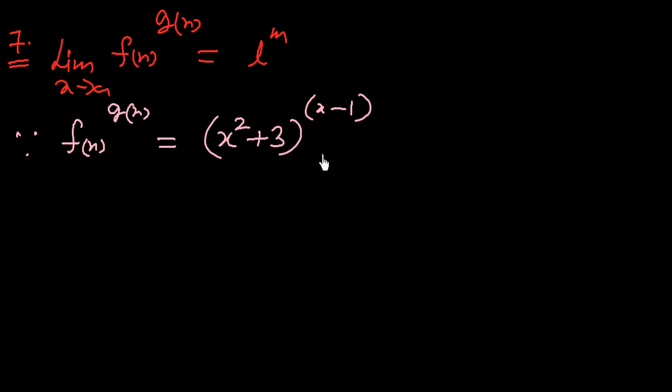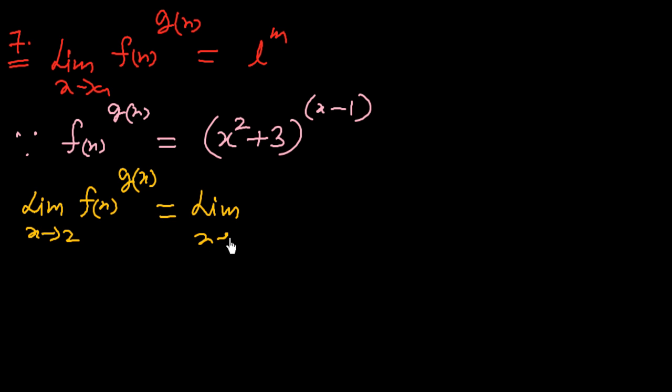This we have. Now we will find out limit for this. Limit x tends to 2 for f of x to the power g of x is equal to limit x tends to 2 for x square plus 3 to the power x minus 1.